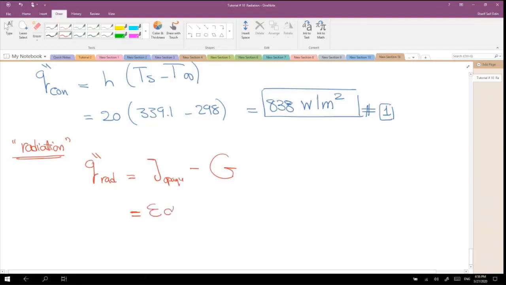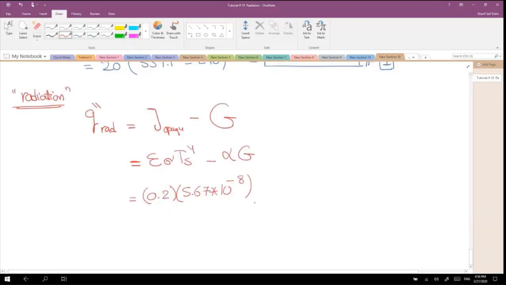epsilon sigma Ts to the power 4 minus alpha G, and this is going to be 0.2 multiplied by sigma, 5.67 multiplied by 10 to the negative 8, times 339.1 all to the power 4, minus alpha 0.9 multiplied by 1000.